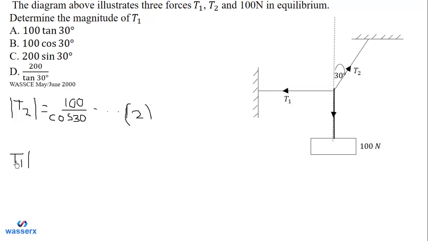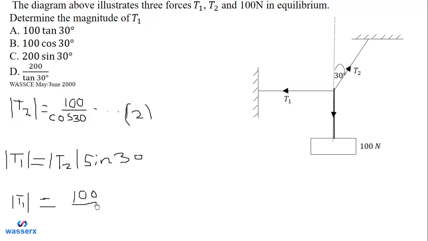Now we saw that equation 1 is magnitude of T1, which is what we are looking for, equal to magnitude of T2 sine 30 degrees. So we are going to substitute 100 over cos 30 wherever we see magnitude of T2 to obtain magnitude of T1 equal to 100 over cos 30 degrees times sine 30 degrees.